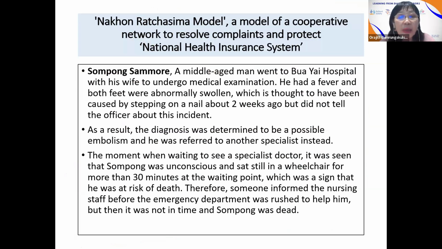I will not talk much in detail, just tell you that the story starts from Sompong Sammo. He is a middle-aged man who went to Bua Yai hospital. Bua Yai is a district hospital, but quite a big hospital.